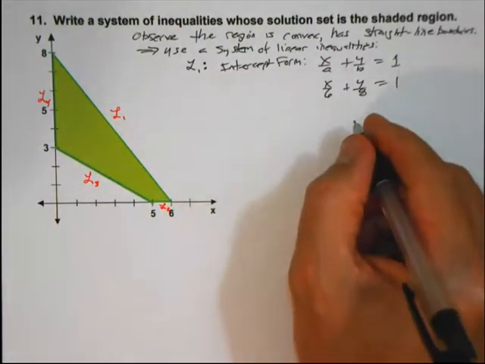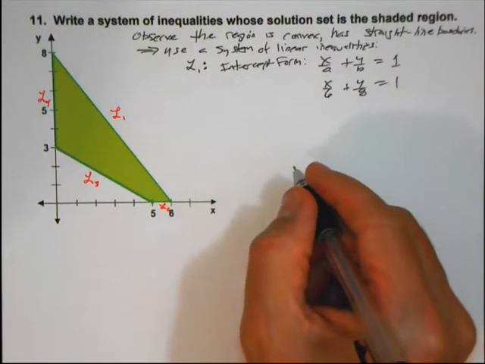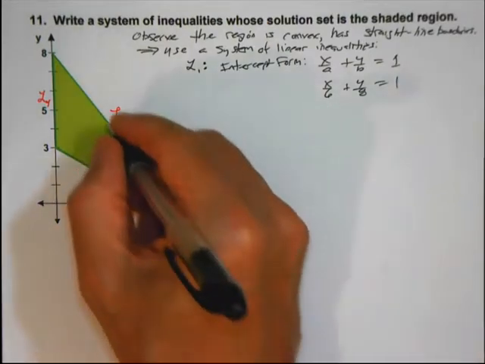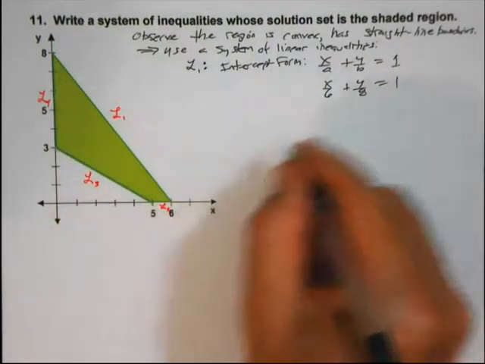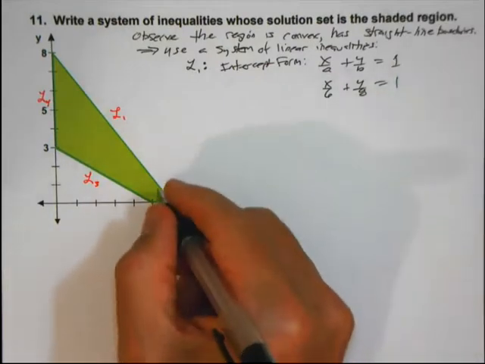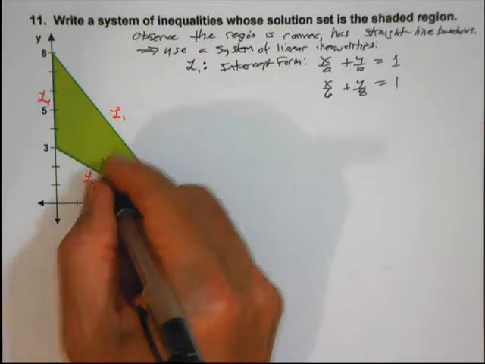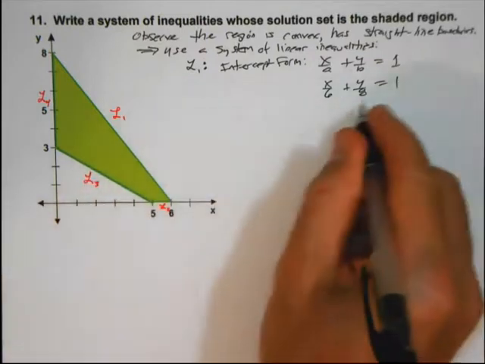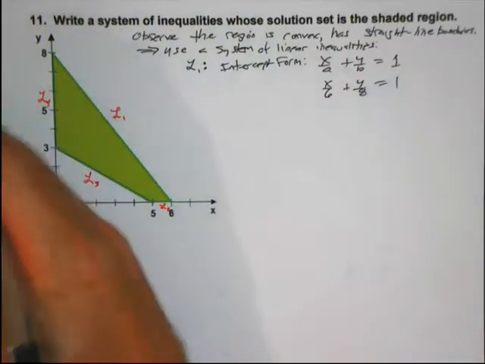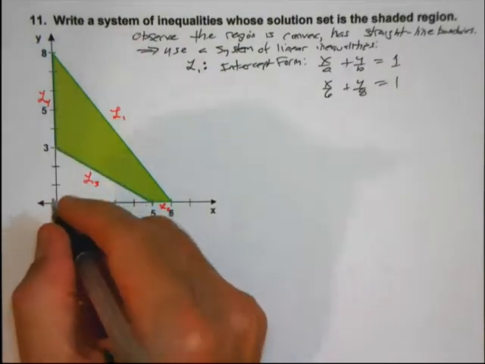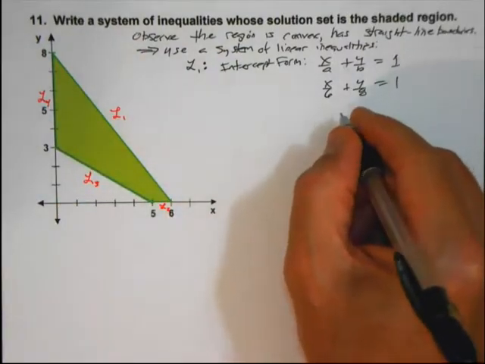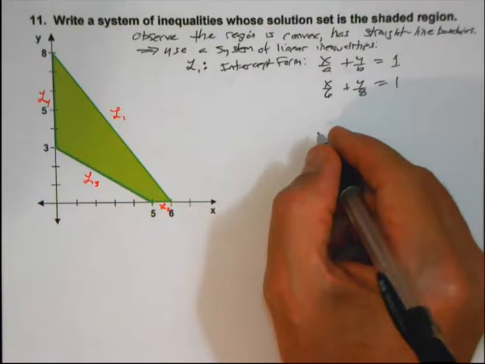Now, as far as making an inequality goes, well, first of all, it's a solid line, so we need to keep the equal sign as part of it. And let's say (0, 0) needs to be a solution to this inequality because we are talking about the half plane down in this direction like so. So let's put (0, 0) into this and get an inequality that makes it true.